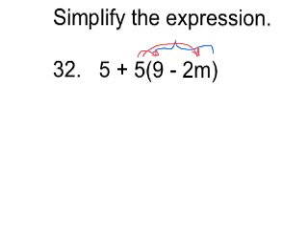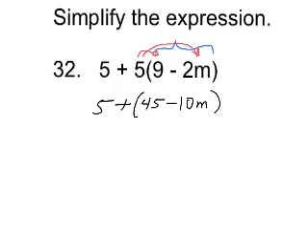So we'll just bring down the other 5. That's an addition. Okay, 5 times 9 is 45. So we'll just do this, 45. And 5 times a negative 2m would be a negative 10m. Positive times a negative is a negative. Alright, so now there's nothing else we can do inside that parenthesis, so we can get rid of the parentheses. And we can actually regroup and group the 5 and the 45 if we want to.